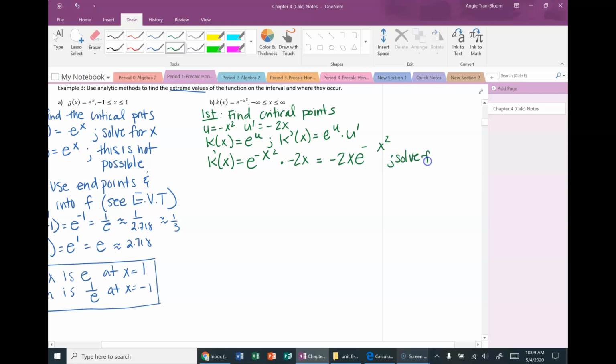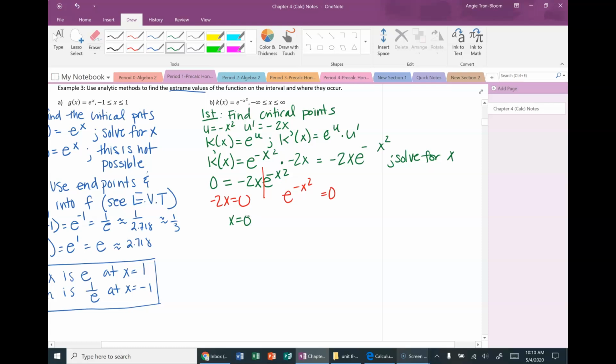Solve for x. That means we're going to take k prime of x, make it 0, equals negative 2x e to the negative x squared. This is a factor, so you can take each factor and set it equal to 0. Well, this one, x is straight up equal to 0.